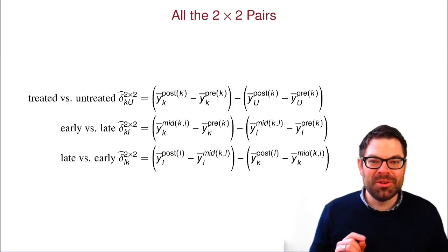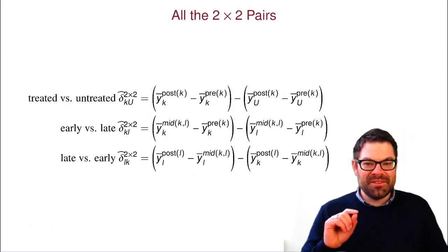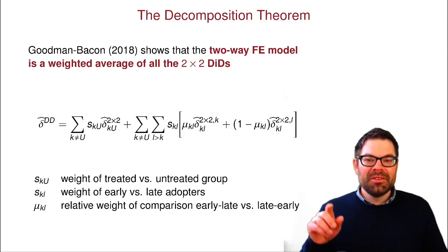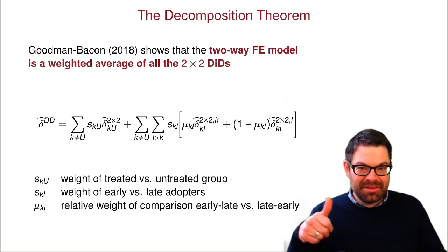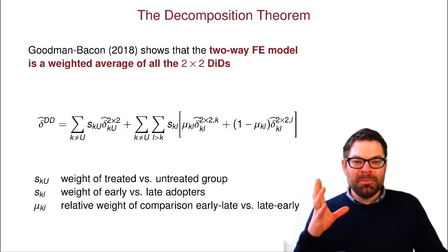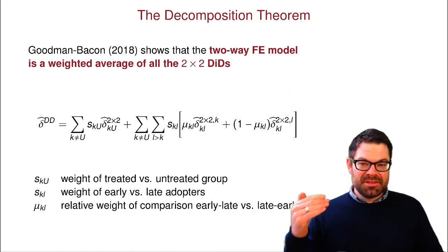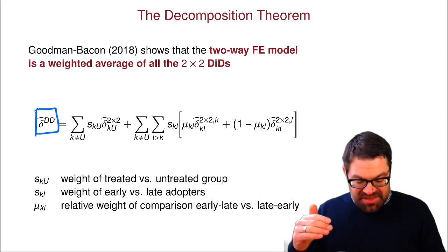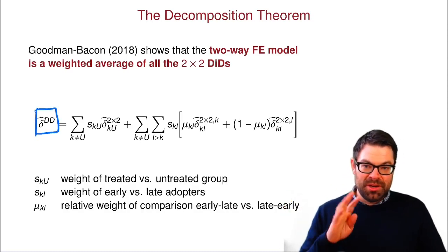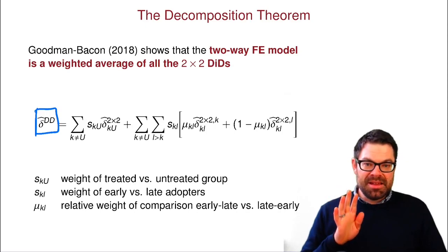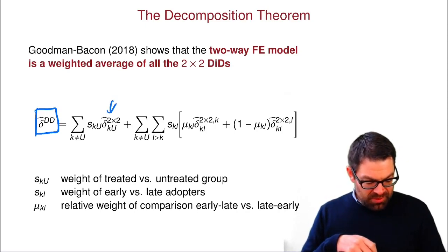So let's look into those weights a little bit. Here is the decomposition theorem from Goodman-Bacon, which basically tells us the following: the difference-in-difference estimator that we get from this two-way fixed effects model is a weighted average over those 2 by 2 pairs.